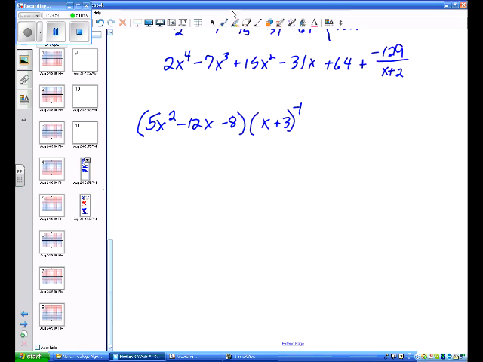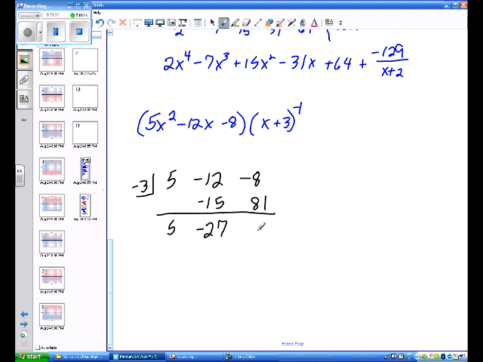So we would have 5, negative 12, negative 8. Our divisor would be negative 3. Bring down the 5. Negative 3 times 5 is negative 15. That would give us negative 27. Negative 3 times negative 27 is a positive 81.